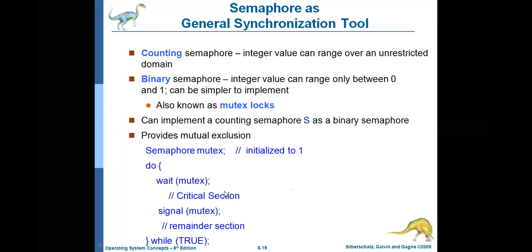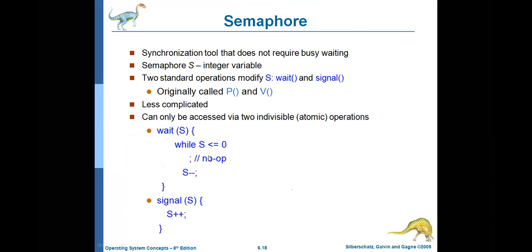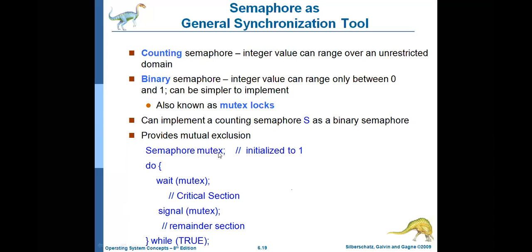In the earlier example, the semaphore is indicated by S and is initialized to 1. Whereas in this particular case, there is a mutex variable. So here mutex acts as a semaphore variable, initialized to 1.